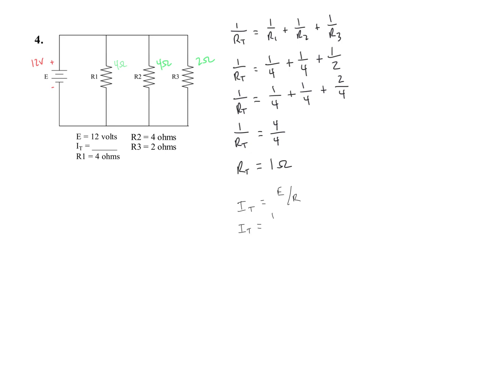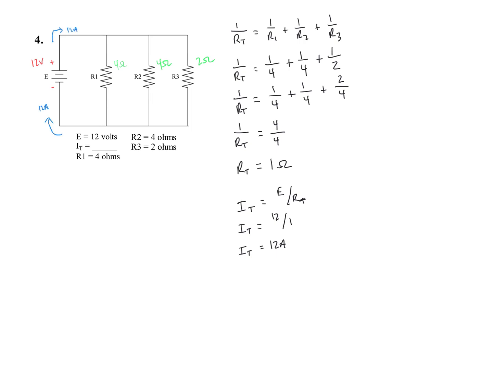In this case, we've got 12 volts divided by our total resistance, which was 1. So our current is going to be 12 amps. And then I can go over here and label that in there, 12 amps.